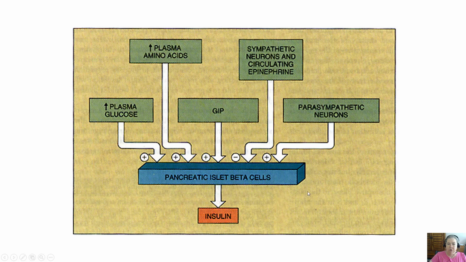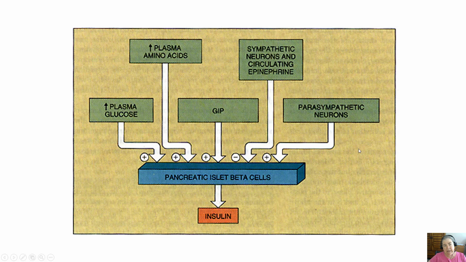Here we are showing the pancreatic beta islet cells under influence of various controlling mechanisms. So increased plasma glucose causes production and release of insulin. Increased plasma amino acids, certain amino acids, also trigger release of insulin.